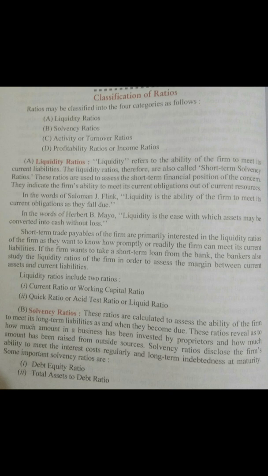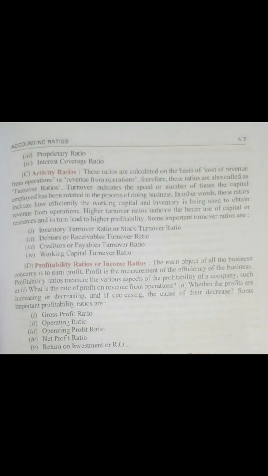So in this we are going to study four types of solvency ratio. First is debt equity ratio, next is total asset to debt ratio, third one is proprietary ratio, and the fourth one is interest coverage ratio.